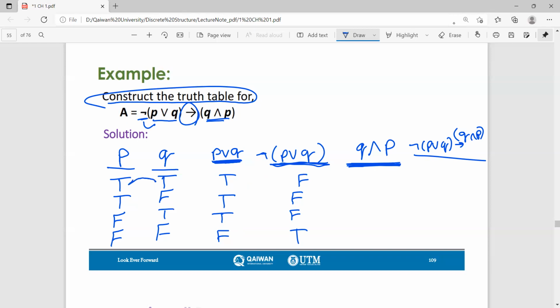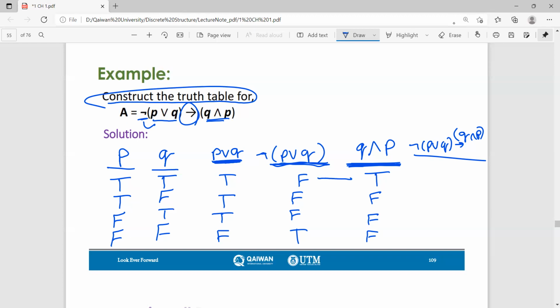True and true is true. In only one case we get true, if both statements are true. False and true is false. True and false is false. False and false is false.